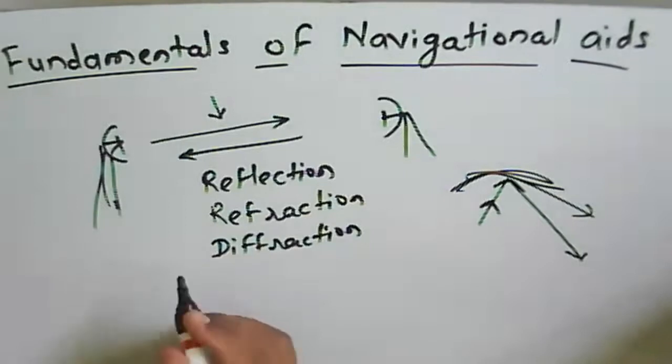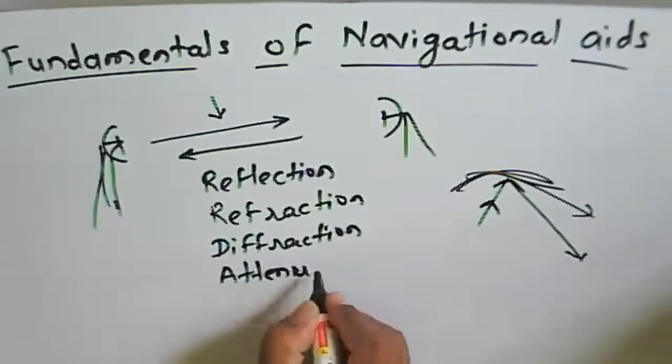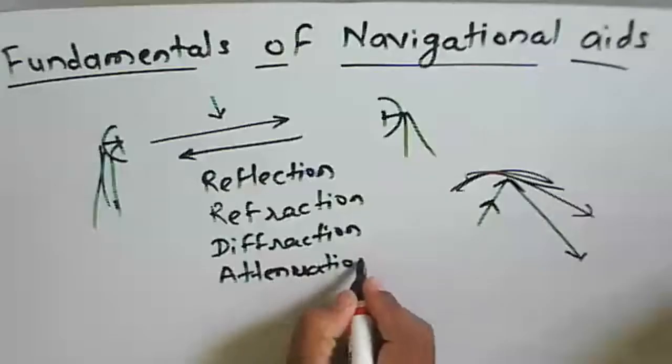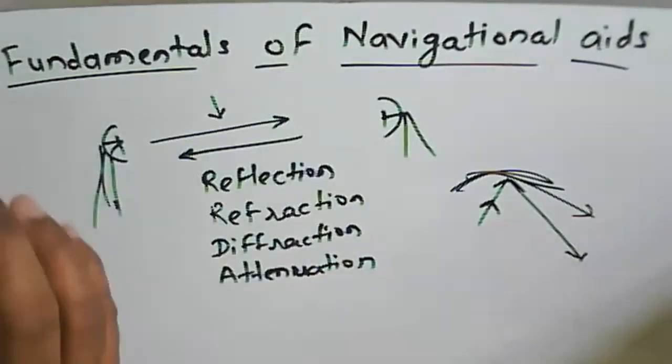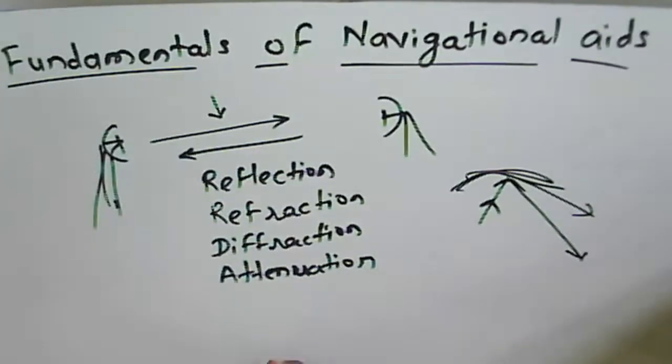Then another factor of a wave when it is propagating is attenuation. There is attenuation within a particular medium, because as the signal propagates through the medium it will be attenuated, and the attenuation depends on the medium constants.